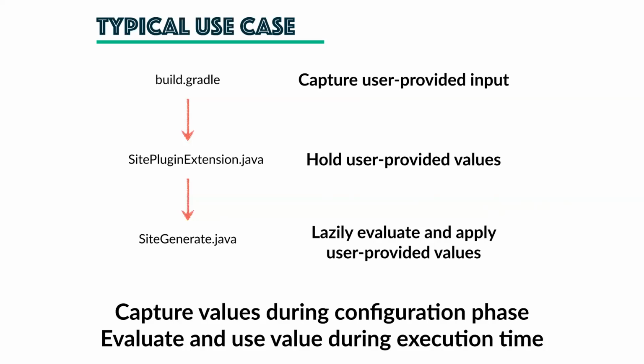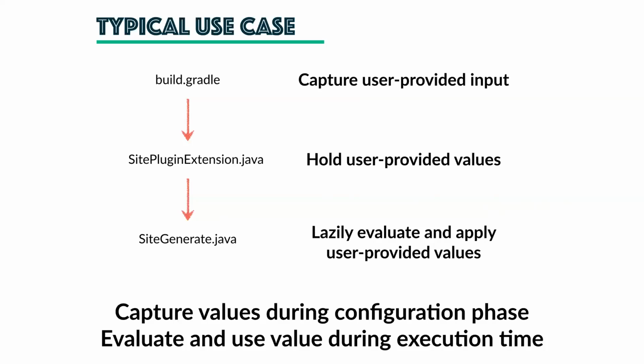Then we don't want this to happen right away when we apply the plugin. We actually want to wait until we encounter the DSL that has been exposed by the plugin. And when the user actually defines these values for this DSL, only then we want to capture these values and then later on use them when we actually execute the logic. So there's some thinking involved here when we want to capture values and then later on apply them.